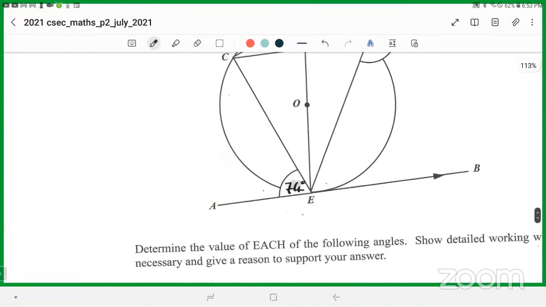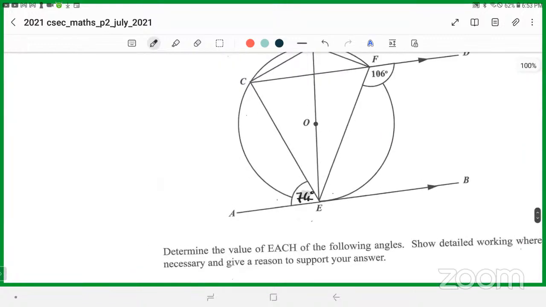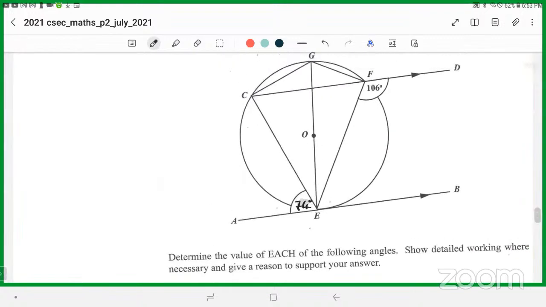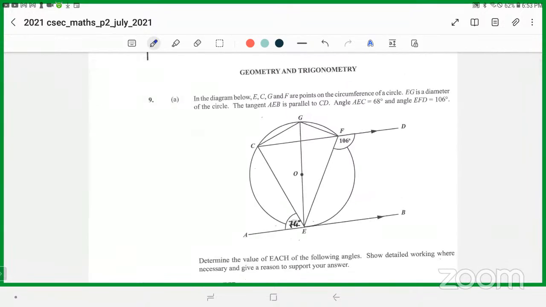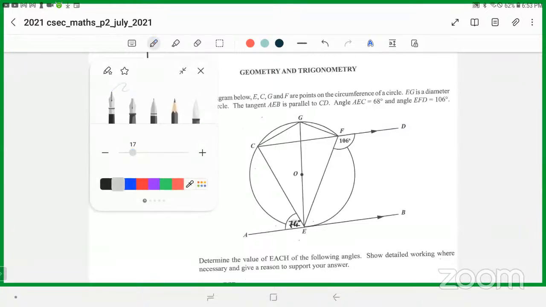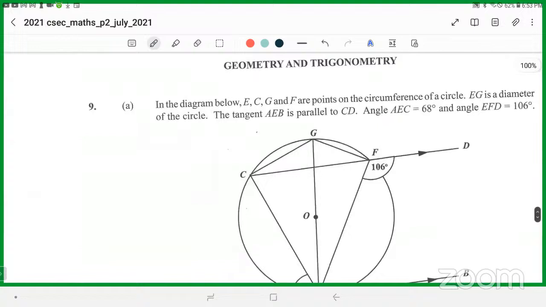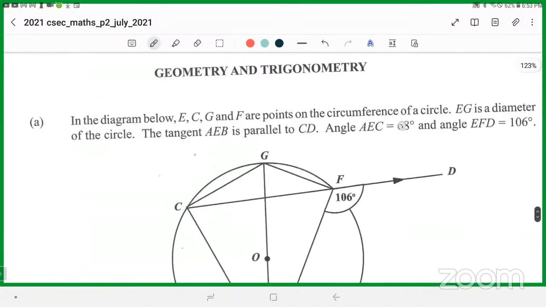I don't think I changed it on the one that I sent over, but that is what we have to work with, 74, for it to make sense, for the values to be consistent. This question then says, changing this to 74 as well, this right here. This 68, I'm going to change it to 74. If I'm in the exam, I change it. I tell you, in the exam, I'm changing it.